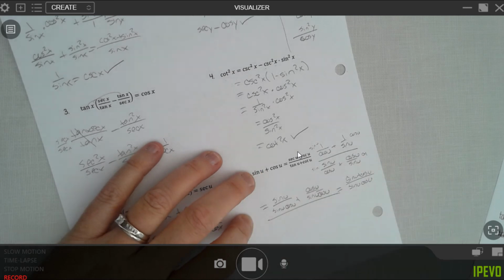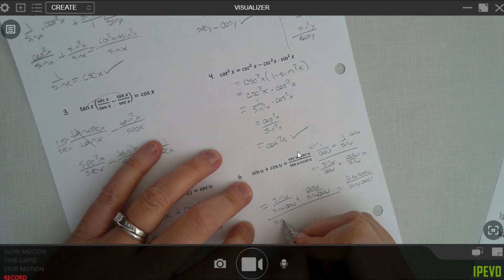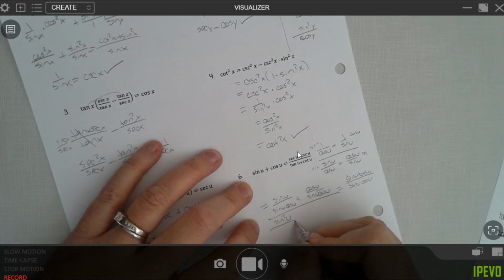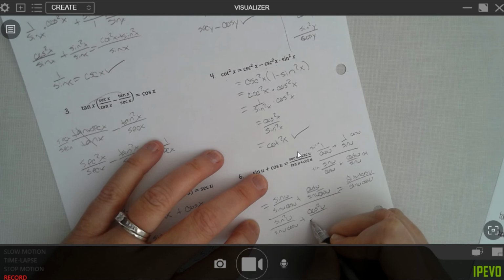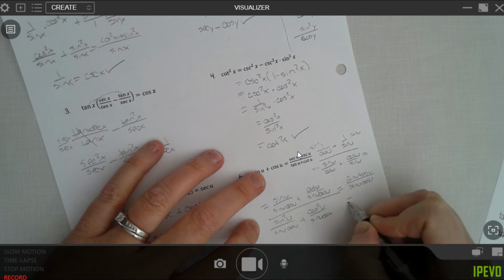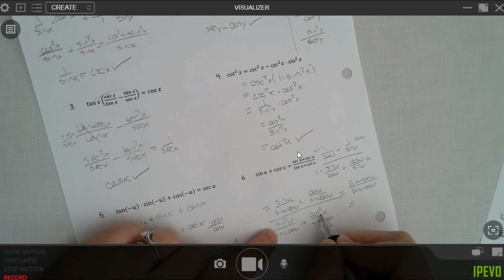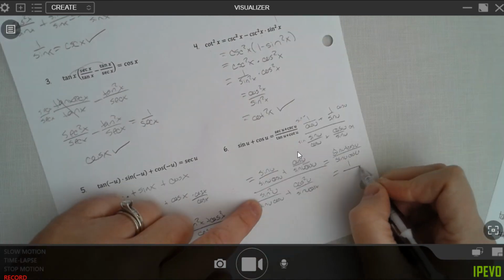On bottom here, I get sine squared of u with the same bottom. This is cosine squared. So that's sine squared plus cosine squared. Sine squared plus cosine squared is a 1.